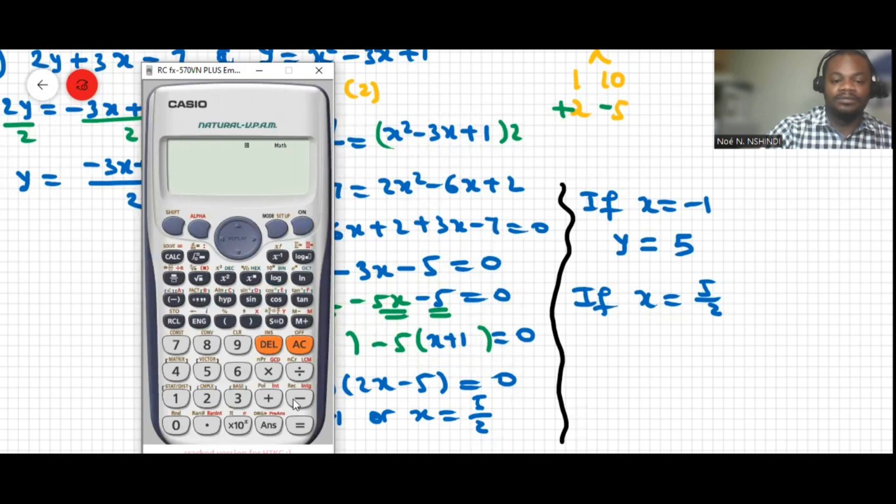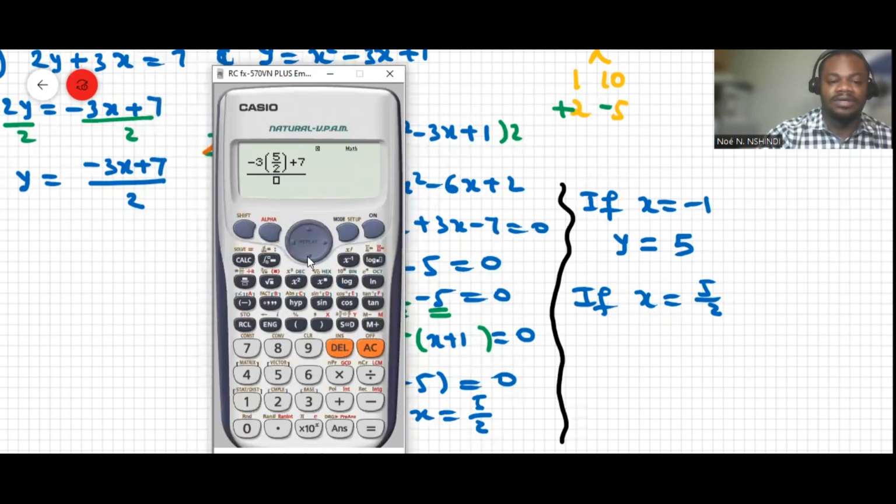Do -3 times the fraction 5/2, plus 7 over 2 there.